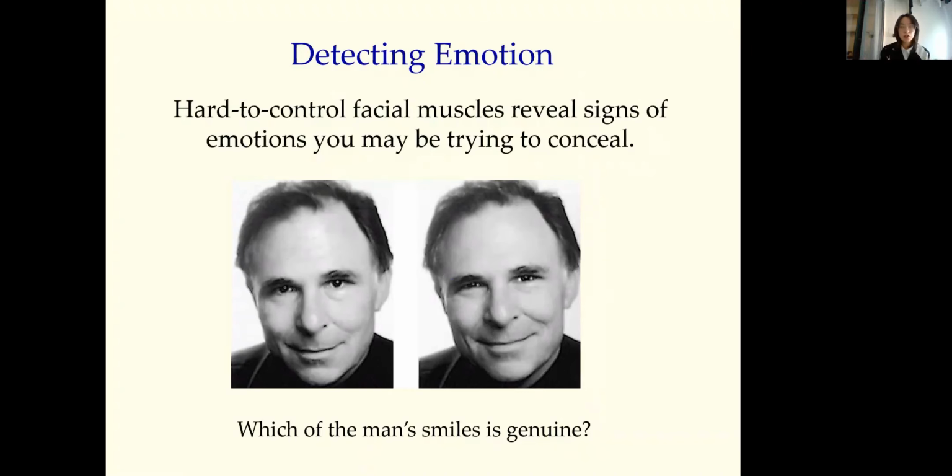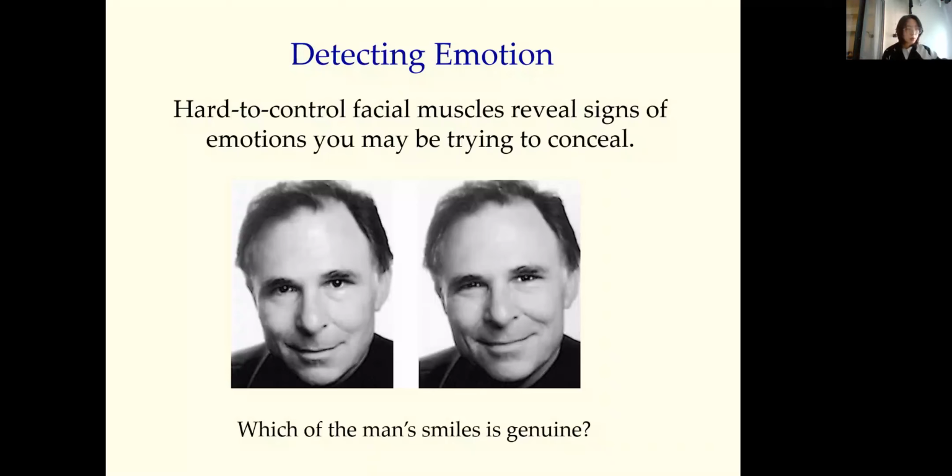So with the first kind of muscles, when we are trying to fake our emotions, like you're actually very sad, but you want to pretend to be very happy, so you make yourself smile, you are using the first kind of facial muscles, the easy-to-control muscles. However, you can't control some hard-to-control facial muscles.